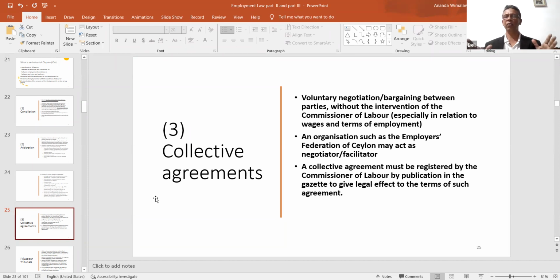So then, what do we mean by collective? Collective agreement is the result, ladies and gentlemen. First, we start with collective bargaining.